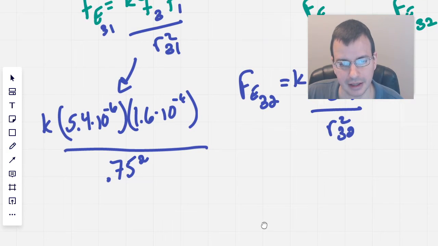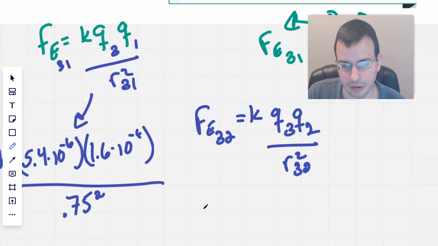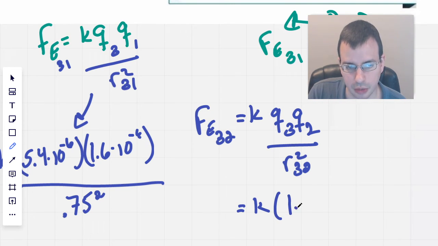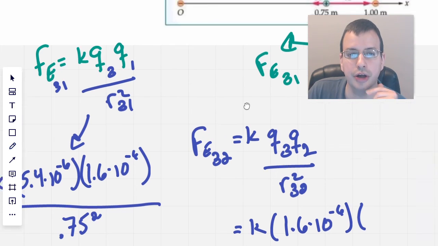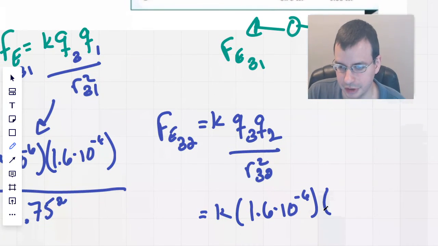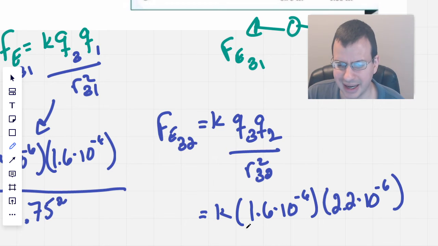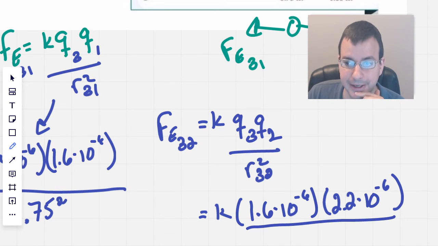Okay. And then we're going to subtract off from that over here, which will be K Q3, 1.6 times 10 to the negative 6. I remember that. And then Q2, which we were given up here, 2.2 times 10 to the negative 6. And you notice here that I'm neglecting the negative signs.